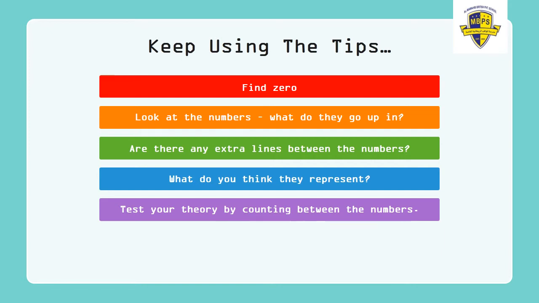Now the last step, test your theory by counting between the numbers. If you think these extra lines, for example, represent half, count by half and check, is this correct or not? If you think this represents 10, for example, count by tens and check, is it correct or not?